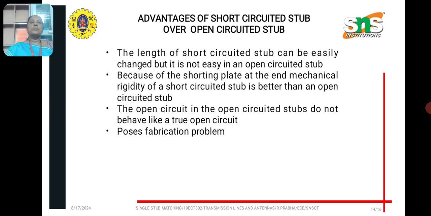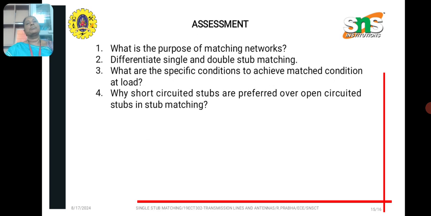Open circuited stubs do not behave like a true open circuit, and they also possess fabrication problems. These are the advantages of a short circuited stub over an open circuited stub. Because of this, in single stub matching, short circuited stubs are always preferred.